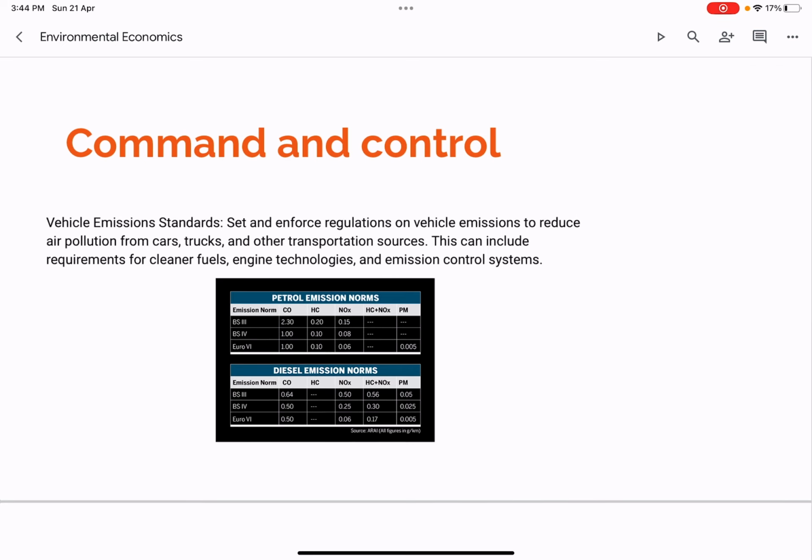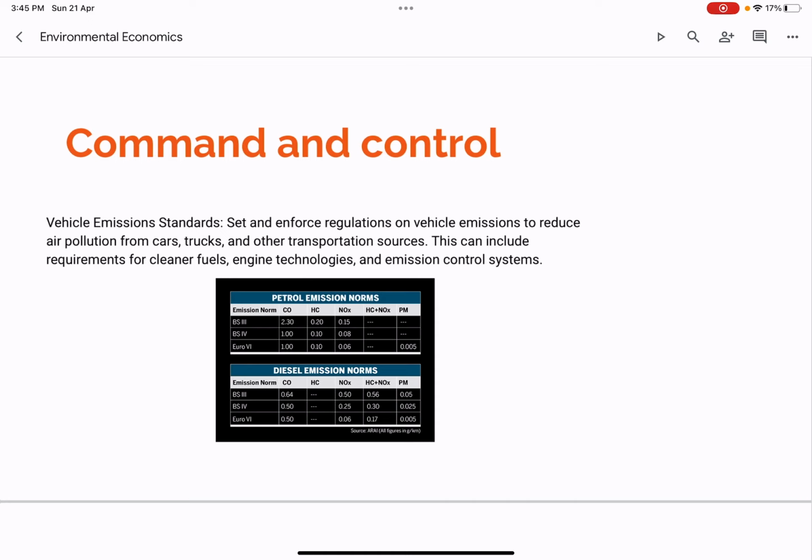There are many government interventions in the form of command and control approaches. One of the popular ones, which all of us are aware of, are the standards set by the government for the vehicle industry. These are emission standards. In Europe, they are known as Euro norms.